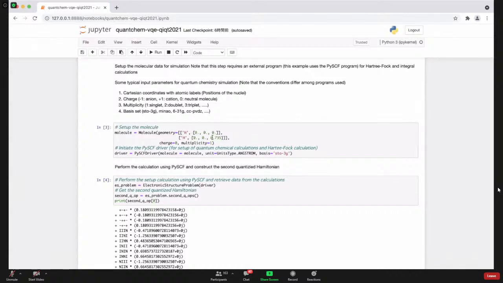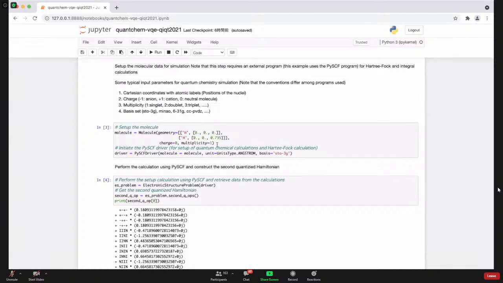So we have 2 H's, and we need a Cartesian coordinate to determine the position of the nucleus. Then we set the charge, which is 0. It's neutral here, but if you want to change the number of electrons, like to make it an ion, +1 will reduce the electrons, and -1 will increase electrons.